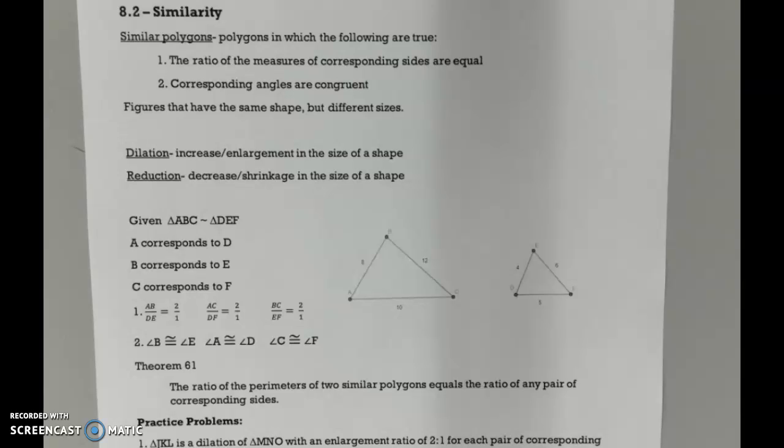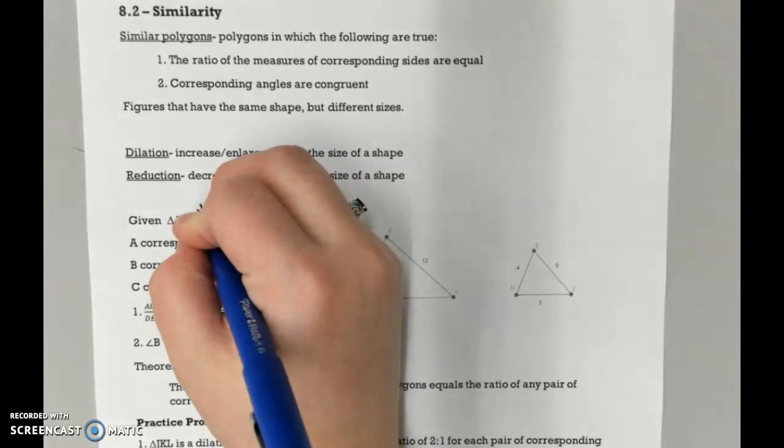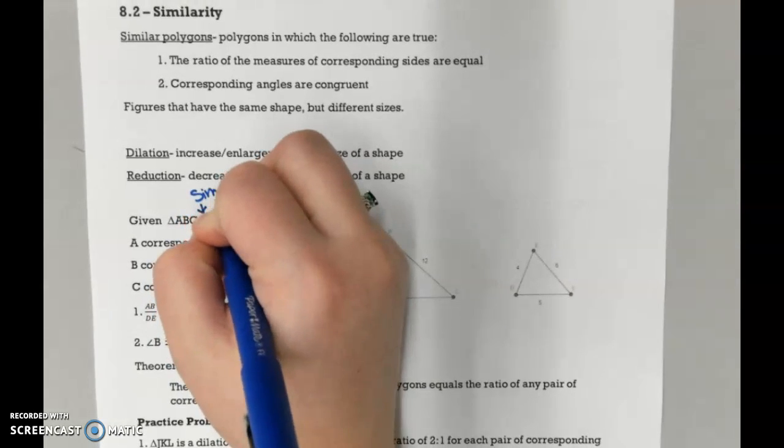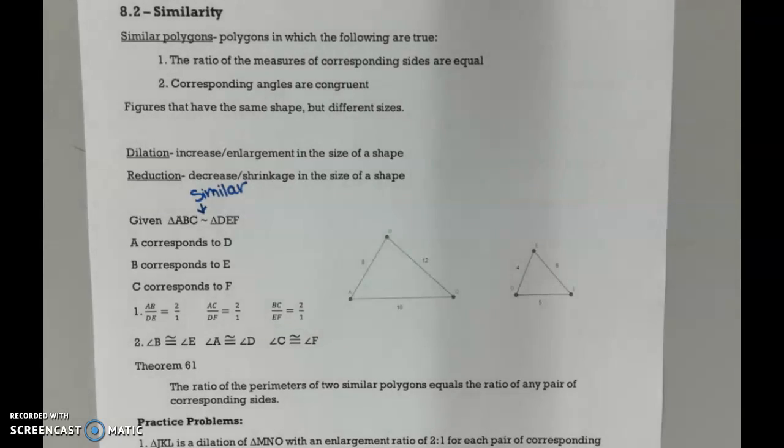Looking at this first example, we're told that triangle ABC, this little squiggle means similar to, is similar to triangle DEF. Just like when we were talking about congruent triangles, the way in which we name and list the points of our shapes when we're talking about similar figures is very important because it tells us which sides correspond to each other.